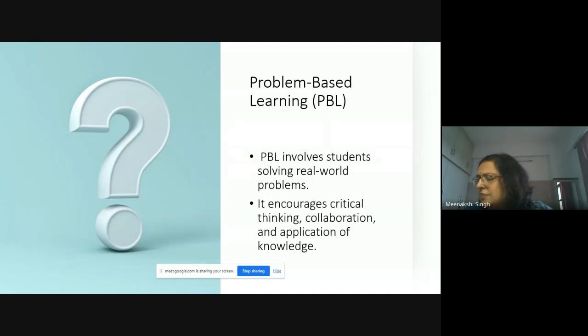some other kind of problem; any kind of ill-structured problem should be there. The crux here, the unique feature of problem-based learning, is that we give an ill-structured problem, which has multiple solutions, and the students are divided into groups. 5 to 8 people you can put in a group, and then they brainstorm, they think: we can do this, we can do that, we will do it this way, that way.